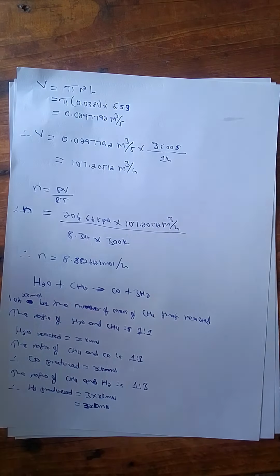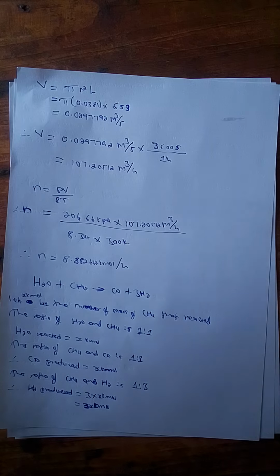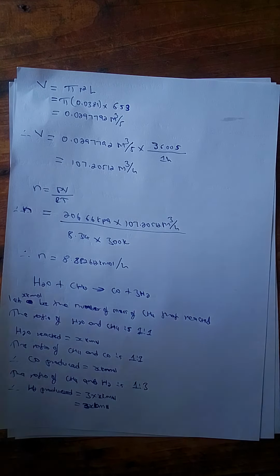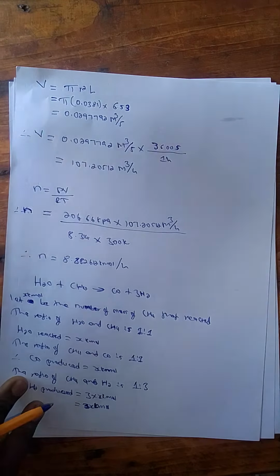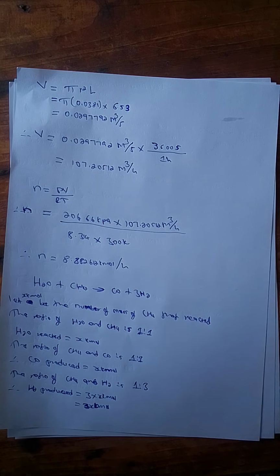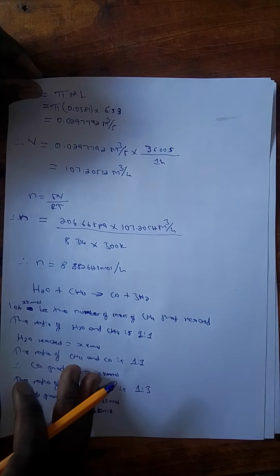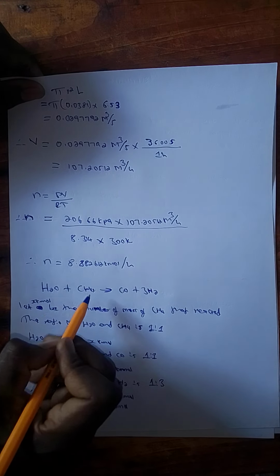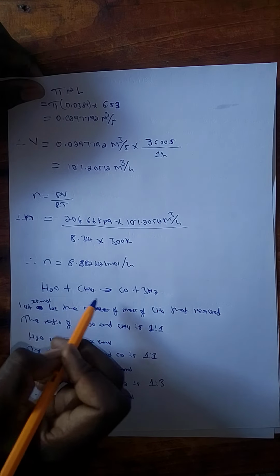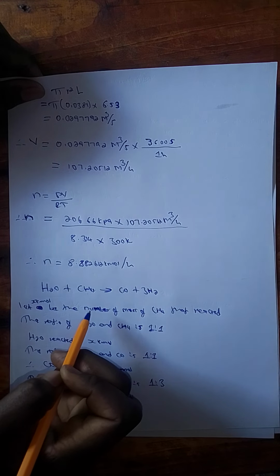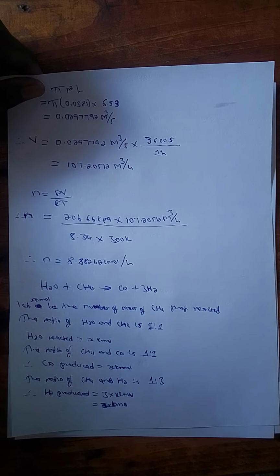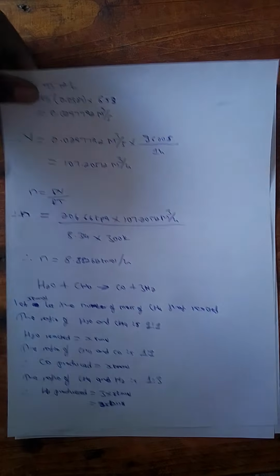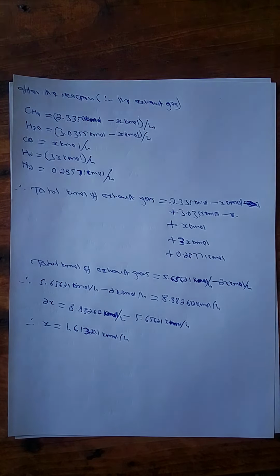And if we're asked to calculate the mole analysis of the exhaust gas, we'll go further, just plugging in X in all the other values and finding it out. But now the question says calculate the degree of completion. We know already that the limiting reactant is actually CH4. So we can use CH4 and CO as a basis to calculate the degree of completion.